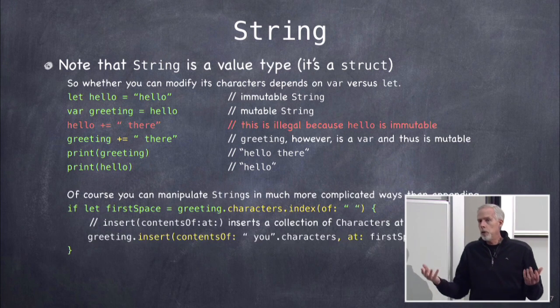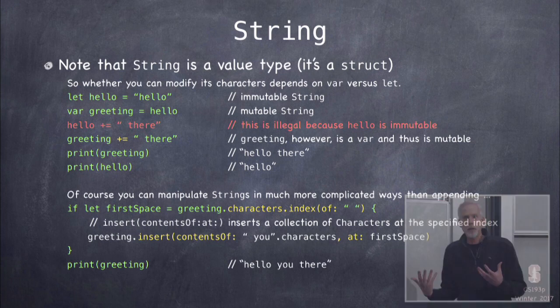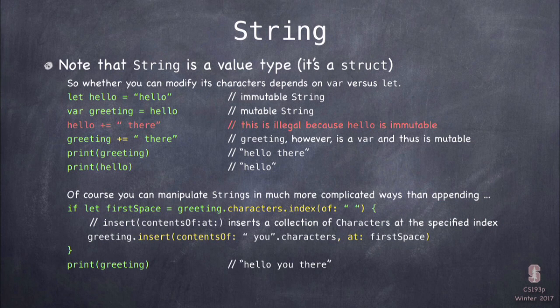And I can use the characters to manipulate strings in really powerful ways. I don't have time to talk about all of it. This is where you really do need to read your reading assignment carefully. But for example, if I want to insert the word you into hello there, so it says hello you there, okay, I would just find the first space by doing characters index of space, which I showed you on the previous slide.